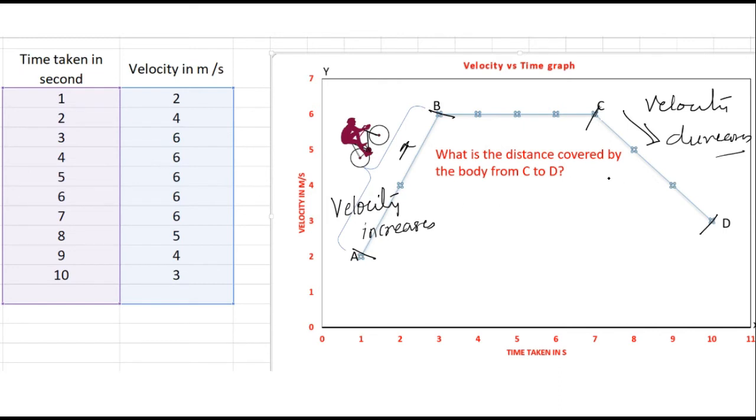Right? And how do we know? The line is coming down here. The line is going up. Even you can see here, from here, 7th second, here it is 6 meter per second. Right? 7th second, 6 meter per second. Then suddenly it became 5 meter per second here. Then here it became 4 meter per second.